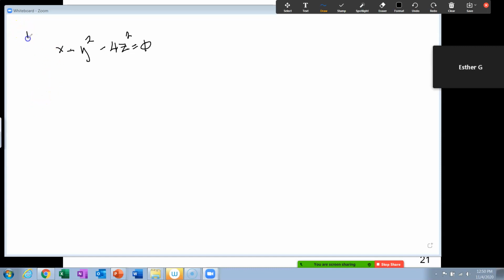Okay, so we know it's a paraboloid. Okay, now that's all we know so far. It's a paraboloid. The second part says, is a paraboloid a hyperbolic paraboloid or is it an elliptic paraboloid?